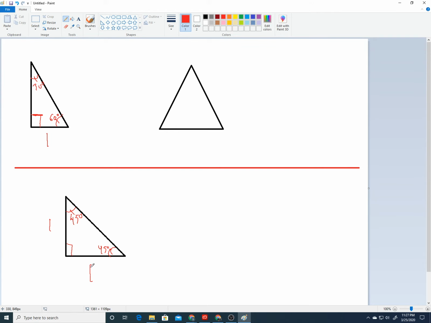Alright, so I'll come back to the 45, 45, 90 though. What we have up here with the 30, 60, 90 triangle is, from this alone, difficult to figure out what the side ratio should be.